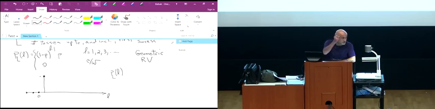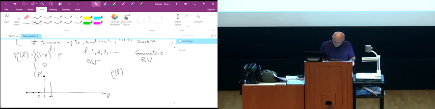I flip the coin, I stop because I've had a success, I've had a heads. So what's the probability? p. You don't need to plug it into the formula. That's just from the experiment setup.